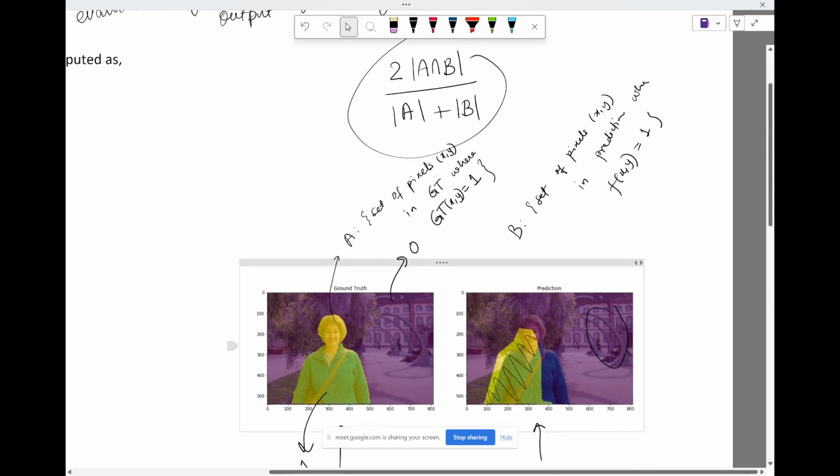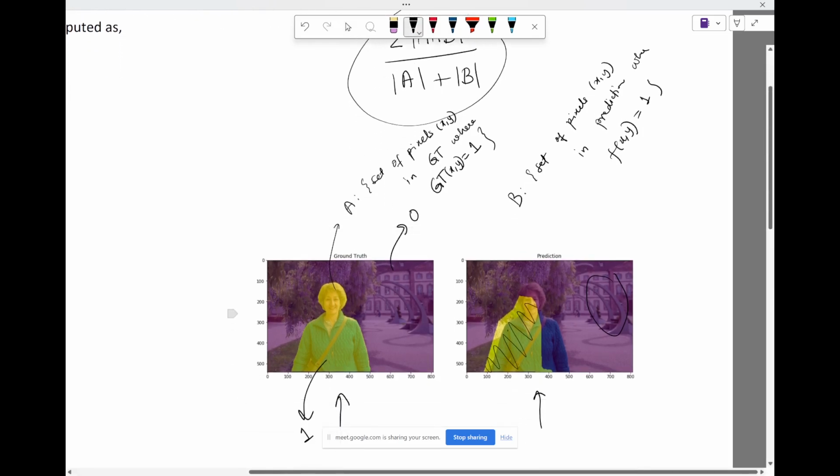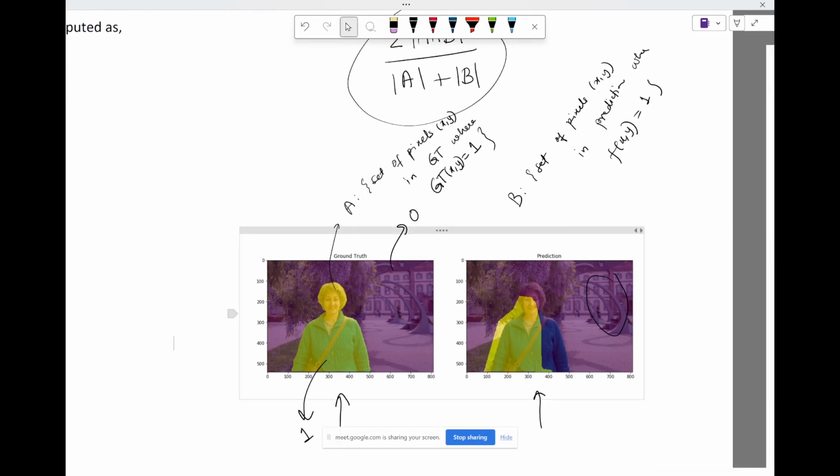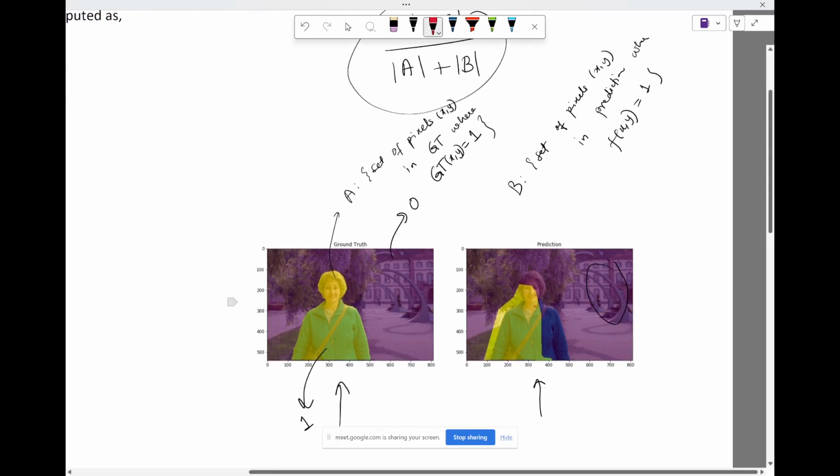So A intersection B would mean what? A intersection B would be the intersection of this region and this region. So that would be in this region, right?